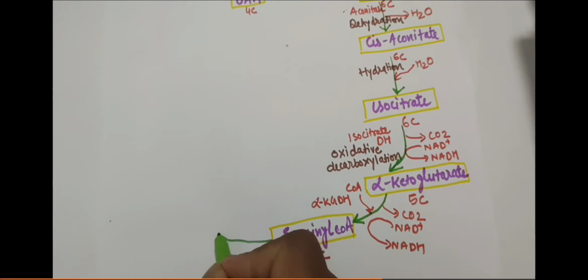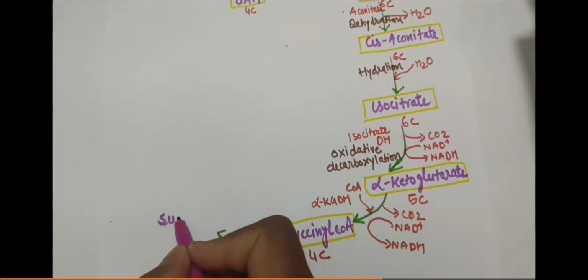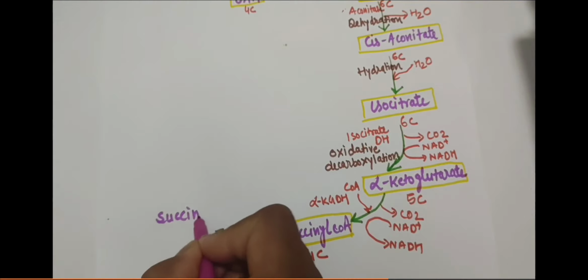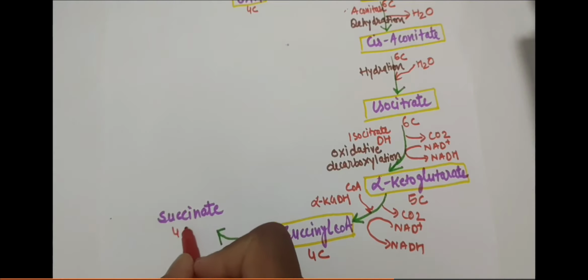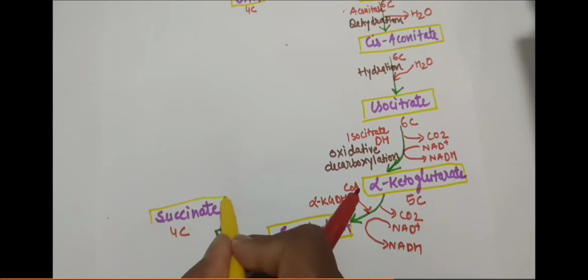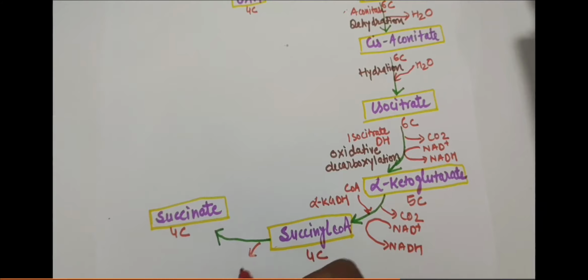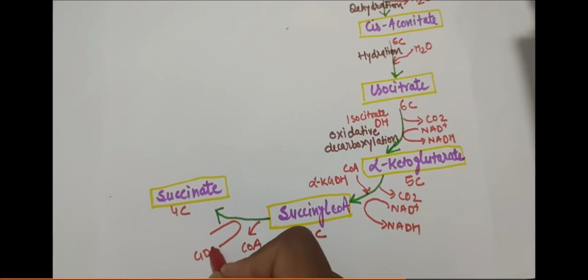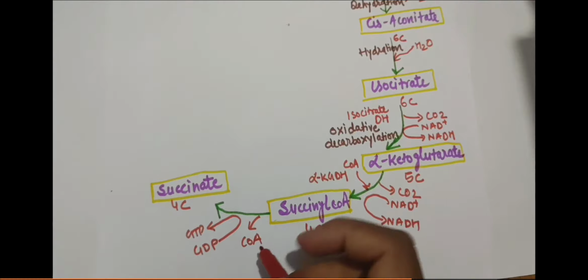Further, succinyl CoA will form succinate, which is a 4 carbon compound, and this step is known as substrate level phosphorylation. Here CoA is released and GDP gets converted into GTP.